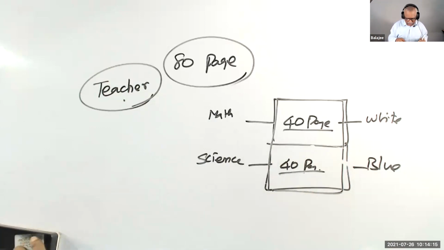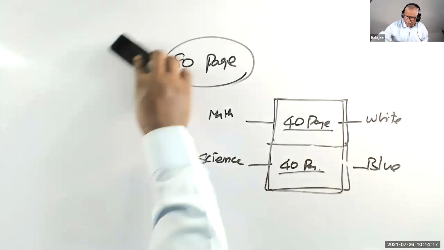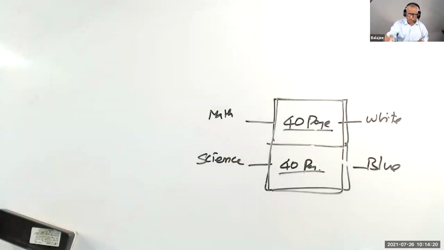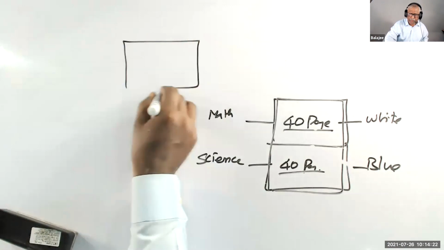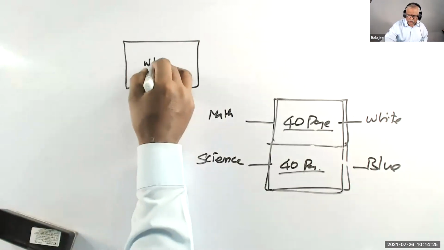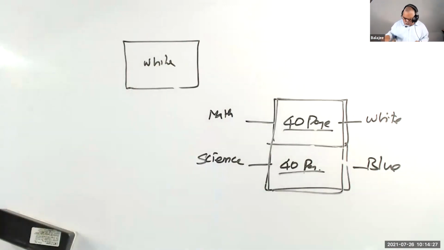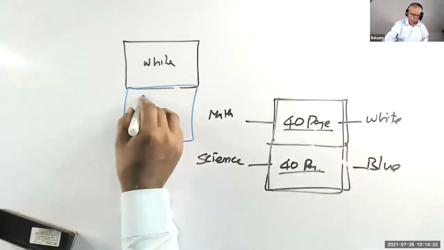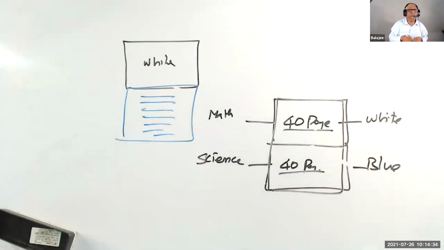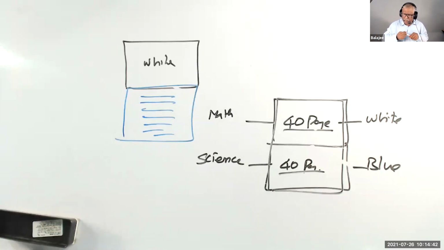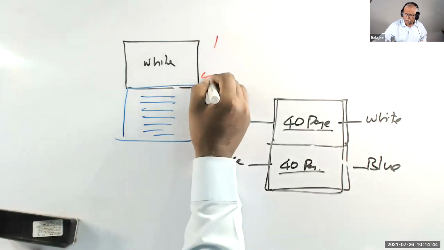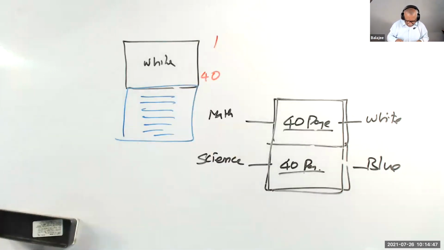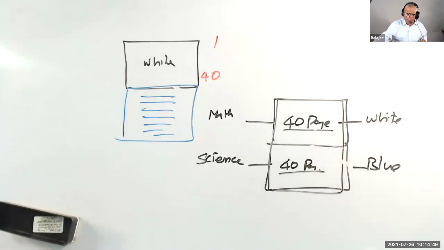Then your father got an idea. Oh, fine, I'll buy two notebooks of 40 pages. This is white and the other one is blue. Now the manufacturer said that this one's pages start from 1 to 40 and this one's pages start from 1 to 40.